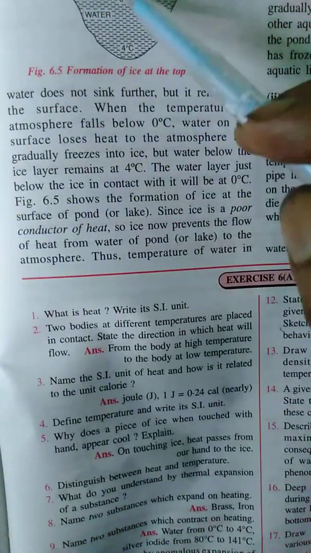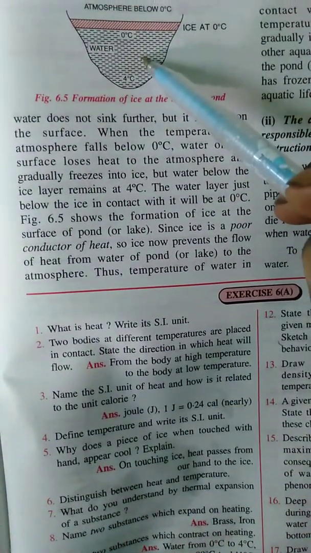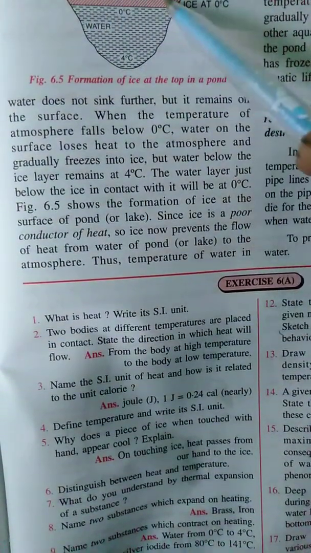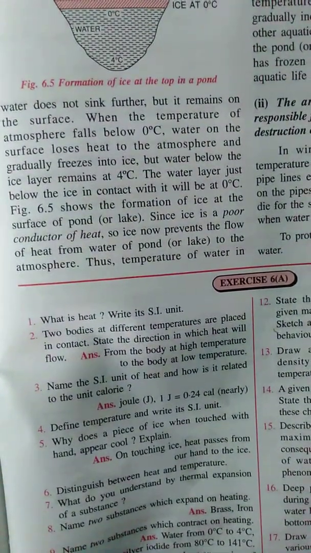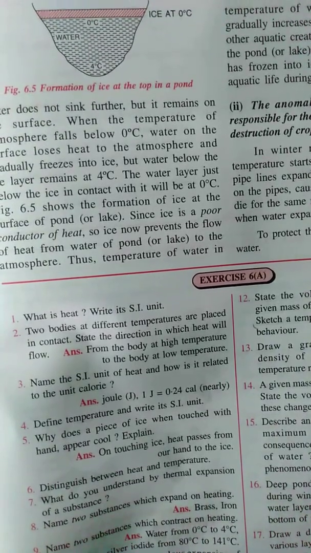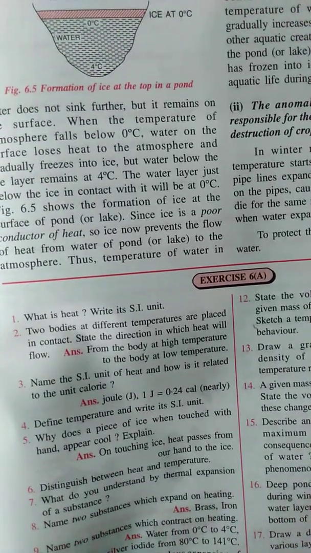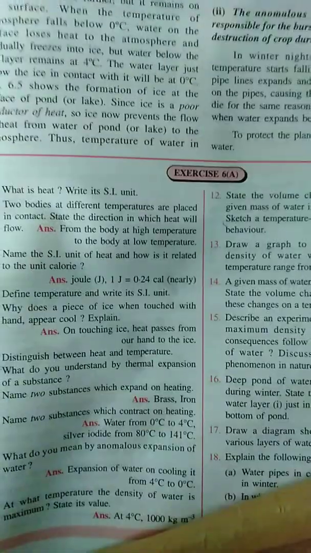If the whole pond freezes, then they will die. So they can survive in this cold water, because only the top part is frozen. Okay, so this is the advantage. A disadvantage is that in very cold countries, pipes burst on cold nights. Why? If the water in the pipe freezes, then the volume will increase and it will burst.